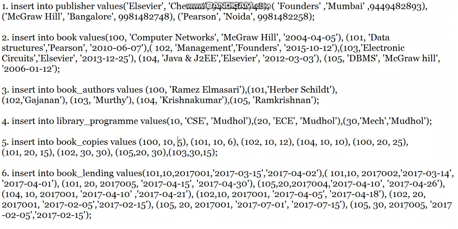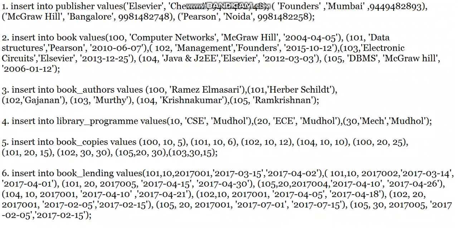That is what it means. Book 101 belongs again to the CSE department and has 6 copies. If you go on observing, you will see program ID 20. There is also the same book, computer networks, which belongs to ECE, but it has 25 copies. That is what we are trying to tell. That's why with reference keys, you can have the same key belonging to different departments. That is the fifth one.